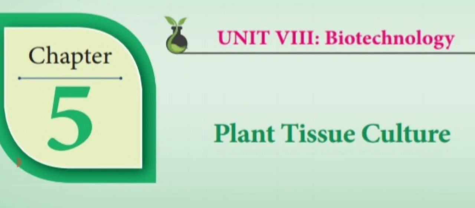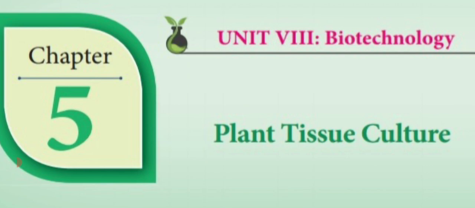Dear students, in the previous video class, we have seen what is plant tissue culture, the basic concepts of plant tissue culture, that is totipotency, differentiation, redifferentiation, and dedifferentiation. Then we have seen the basic techniques involved in plant tissue culture.